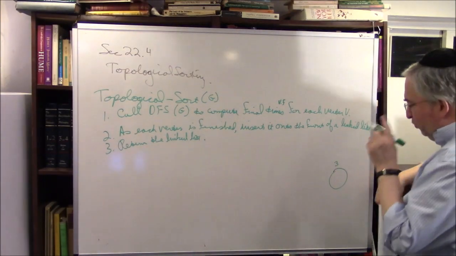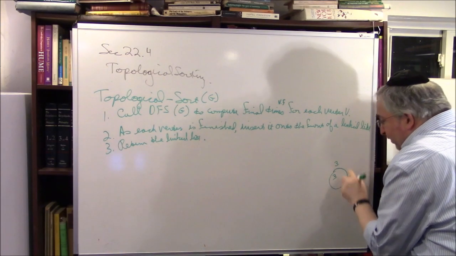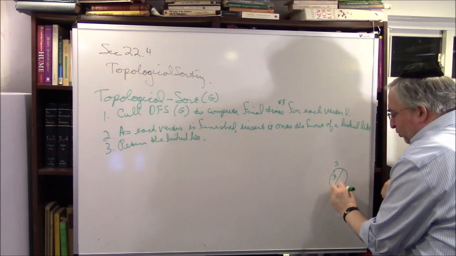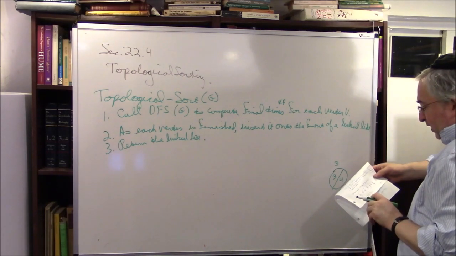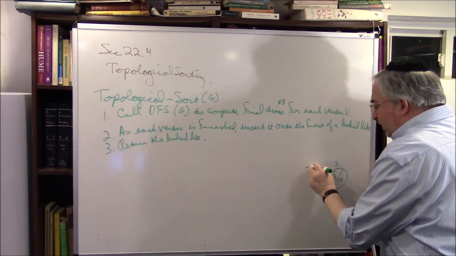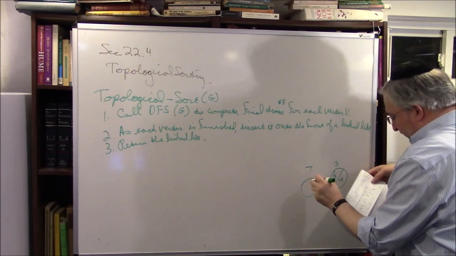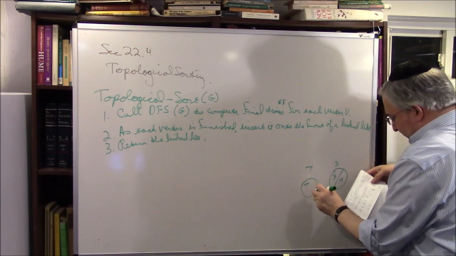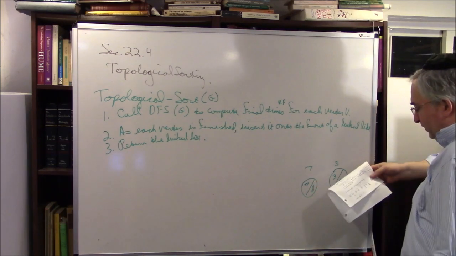Let's just remember the discovery time for vertex 3 was 3, and then we finalized it at 4. I'm going to write it like that. The next vertex that we finalized, we discovered at 7 and finalized at 8.